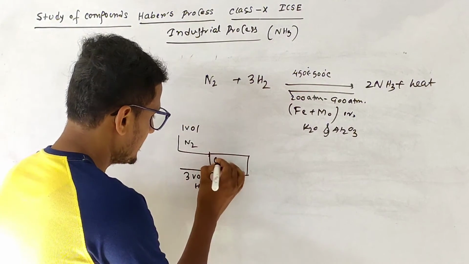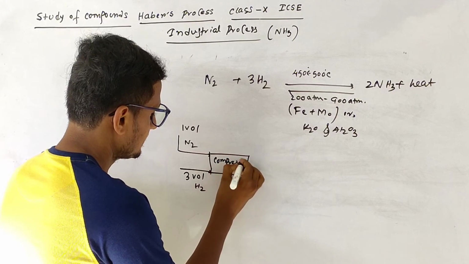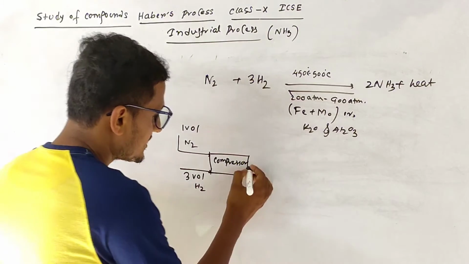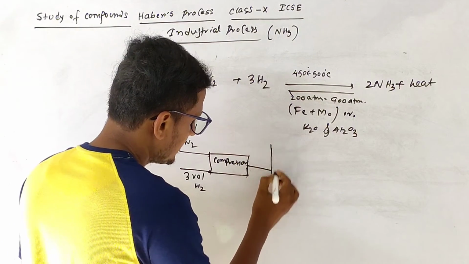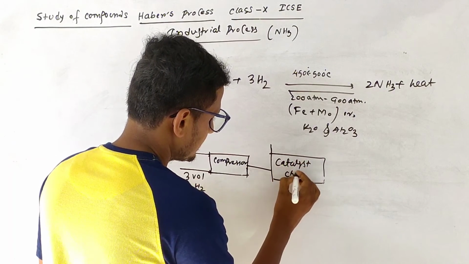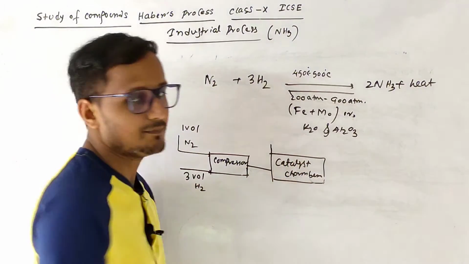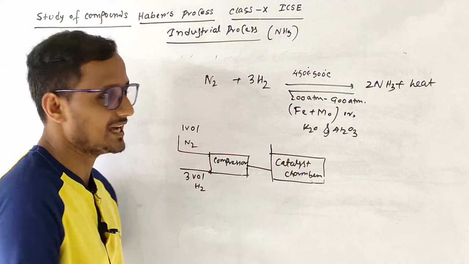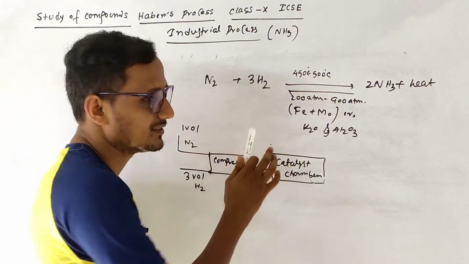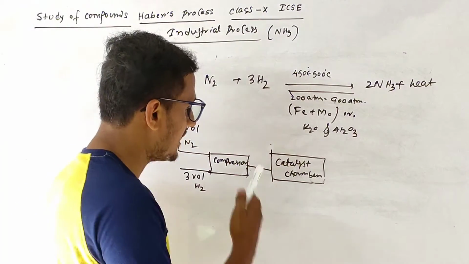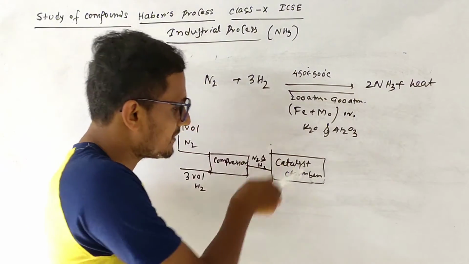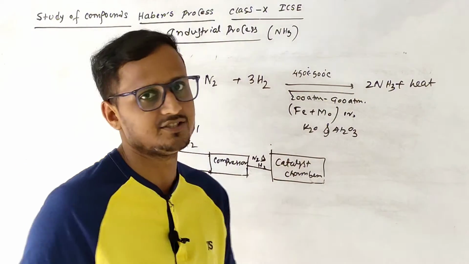So here is one compressor, which is connected with a catalyst chamber. We have passed 1 volume of nitrogen and 3 volume of hydrogen into the compressor, and after that we have compressed the mixture of gases. Now this mixture of nitrogen and hydrogen is here in this catalyst chamber.